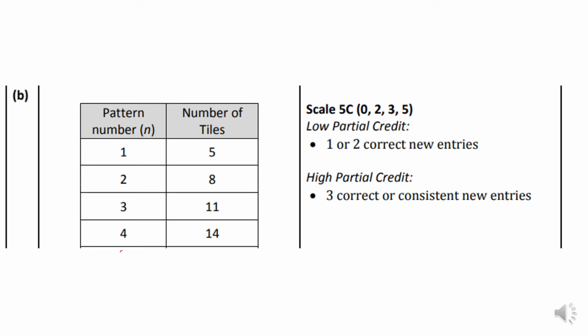Oh, the 5th one is missing there. Okay, got it correct. So to complete the table fully correct you get 5 marks, but there is opportunity to gain partial credit. So you'll get 2 out of 5 if you got 1 or 2 correct entries, and 3 out of 5 if you got 3 correct entries, and 5 out of 5 for all correct.